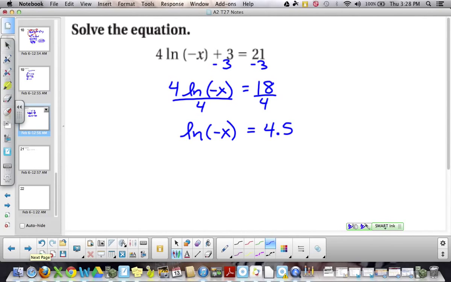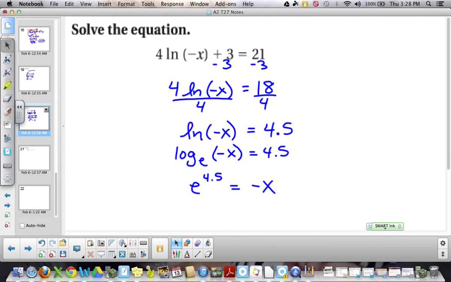Now before we can write this as an exponential, remember that a natural log is log base e. So when we rewrite it as an exponential, it will be e to the 4.5 power equals negative x.